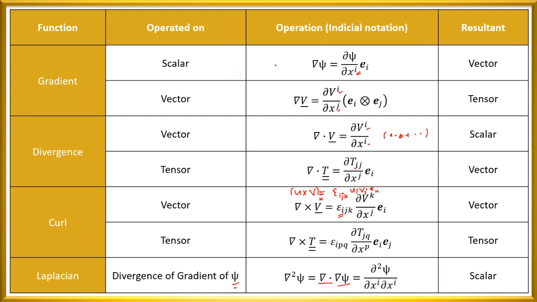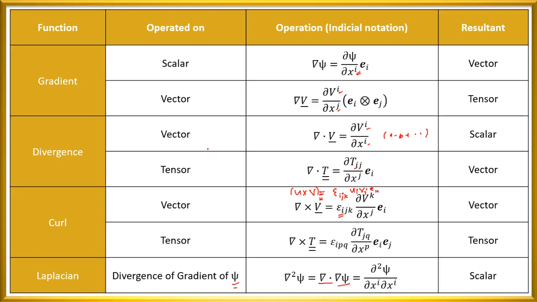For the purpose of solving problems, listen, when a gradient acts, the rank has to be elevated by 1. Therefore, if a gradient is acting on a component vi, then the gradient has to be of an index other than i. Then only we will get two free indices.